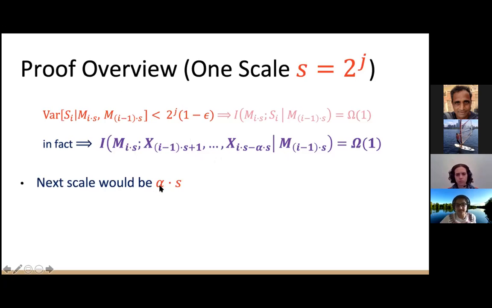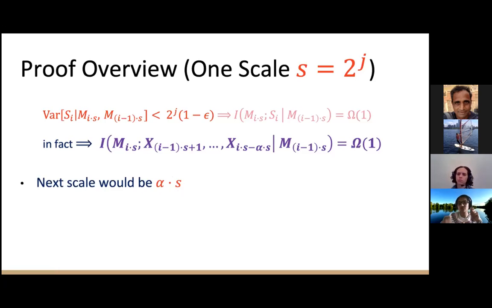And then you again use this theorem to prove that now Mi needs to have omega 1 bits of information about the 1 minus alpha fraction of the input stream in this block of size alpha S. That is, you have proven that Mi has omega 1 bits of information about the 1 minus alpha fraction, then the 1 minus alpha fraction of the remaining input stream, and so on.